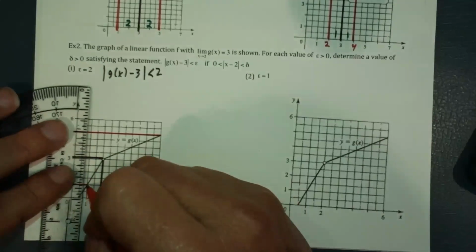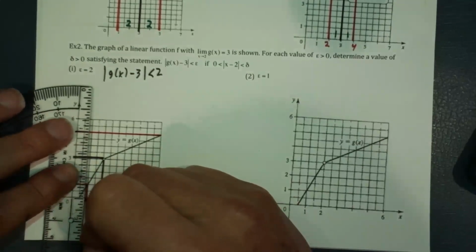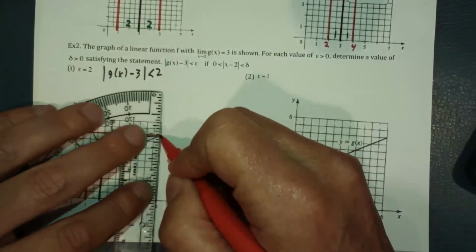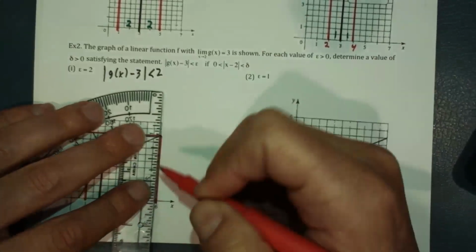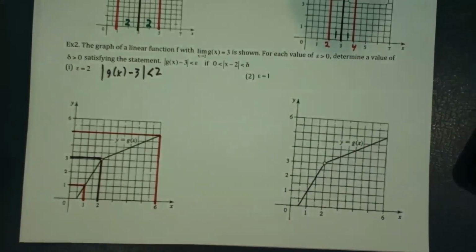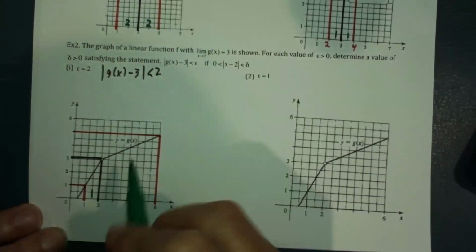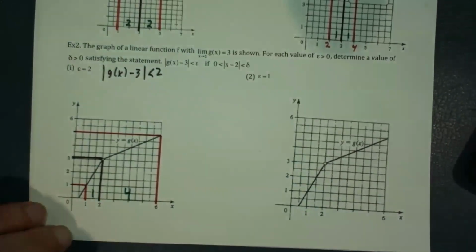All right. So let's go into the domain world, or the X world in this case. So how far away are we in the X direction? Well, we're 2 different distances, actually. For this one, we're a distance of 1. For this one, 2 to 6, we're a distance of 4.